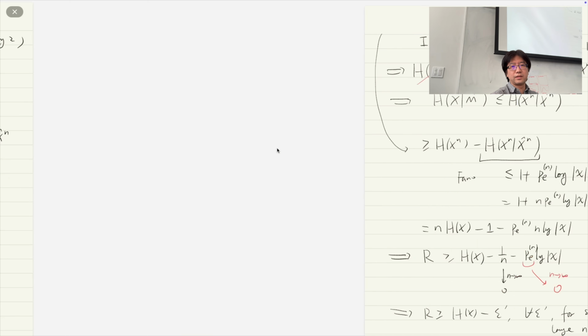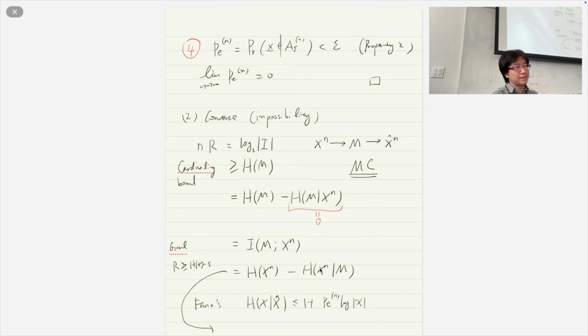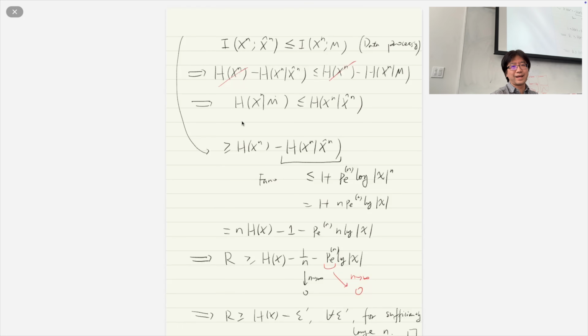So what we do is this minus that, and we have an upper bound for this. What we show is that this guy is less than or equal to this, and then we have a lower bound, so that guy is bigger than or equal to this minus the upper bound.